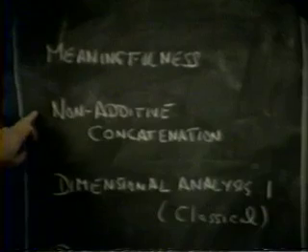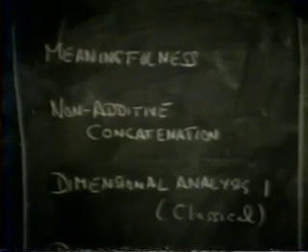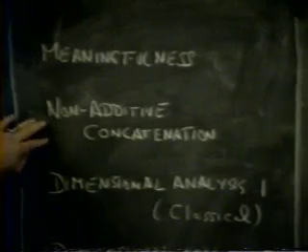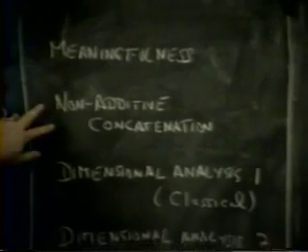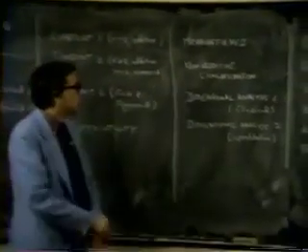I will be presenting a lecture on non-additive concatenation. This is the same underlying structure as in extensive measurement, that is a binary operation. However, the interest here is in the case where the representation is not additive but nonetheless is numeric in character.